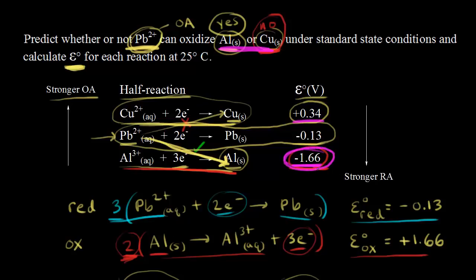We say aluminum is more active than copper. So let me write that down. Aluminum is more active than copper. If you remember the activity series, you can explain the activity series in general chemistry by looking at standard reduction potentials. So this is just another way to think about something you probably already know.